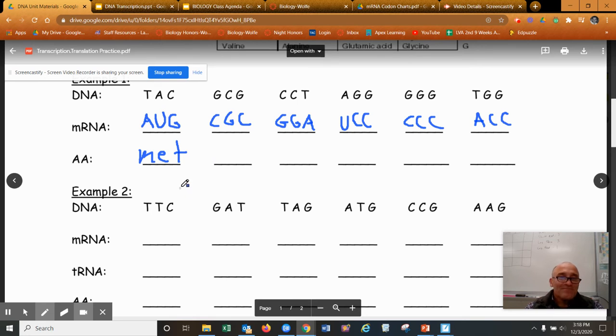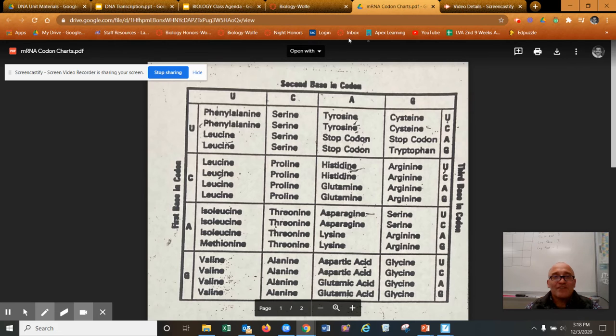Okay? And then the next one is CGC. So again, we'll look that up on the chart here. You go C here, it's in this row somewhere. G, it's in this column. So this row and this column, it's one of these four.